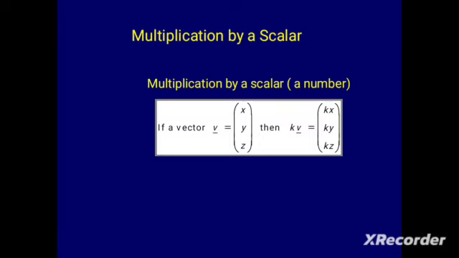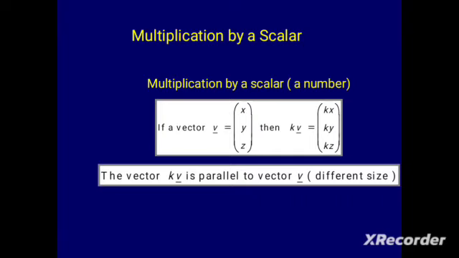We did this in the first part of vectors, the two-dimensional coordinate vectors. And now the procedure is very simple. You just have to multiply the bracket by a scalar.